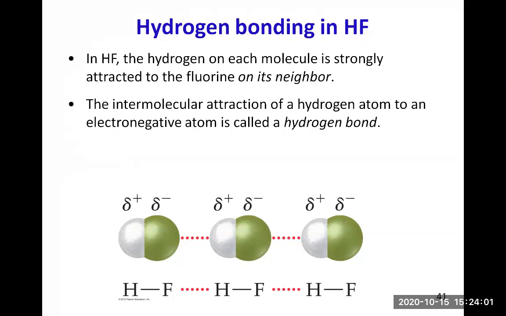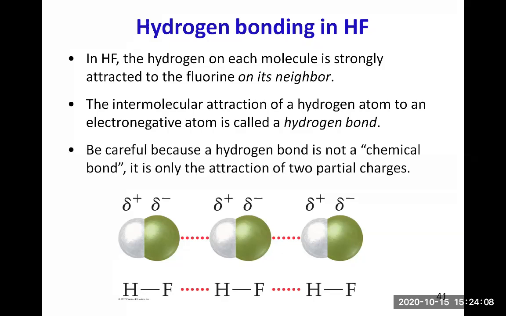The intermolecular attraction of a hydrogen atom to an electronegative element is called a hydrogen bond. So be careful, the name says hydrogen bond, but it's not a chemical bond, like it's not an intramolecular bond that builds up molecules.